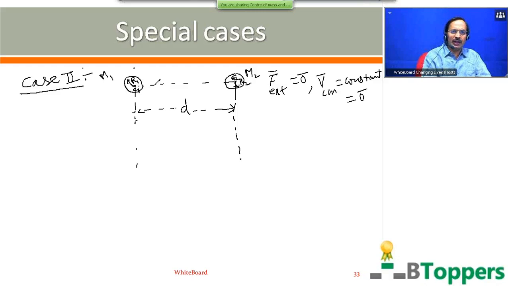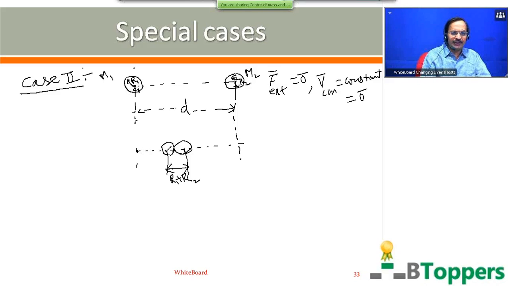So at the instant they collide with each other, the distance between the centers of the two spheres will be equal to R1 plus R2, where R1 is the radius of the first sphere and R2 is the radius of the second sphere.